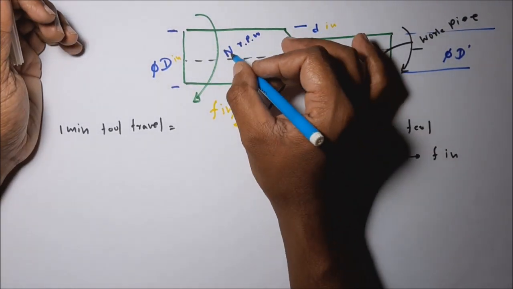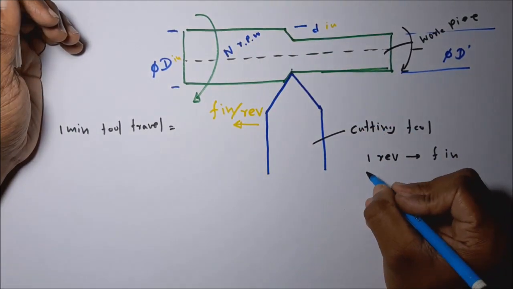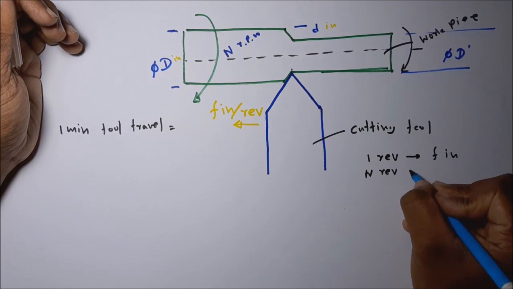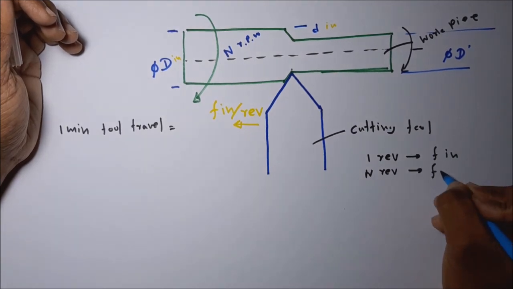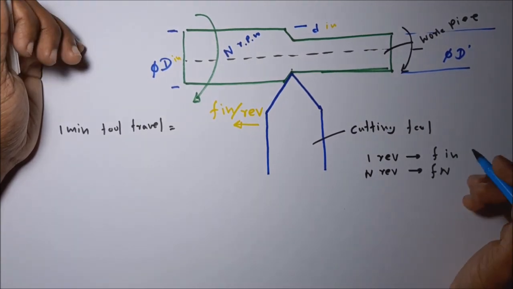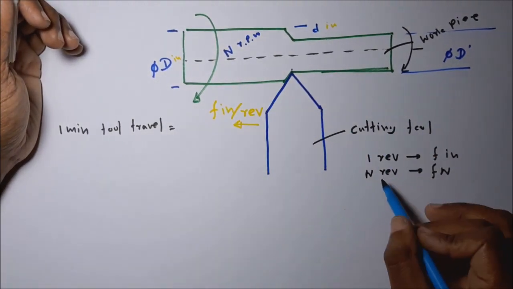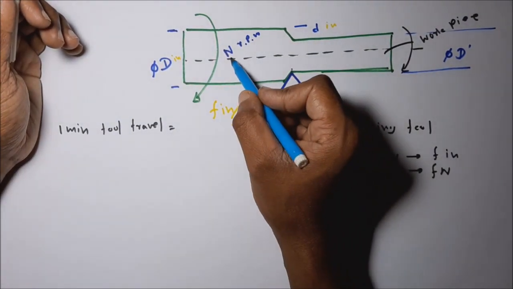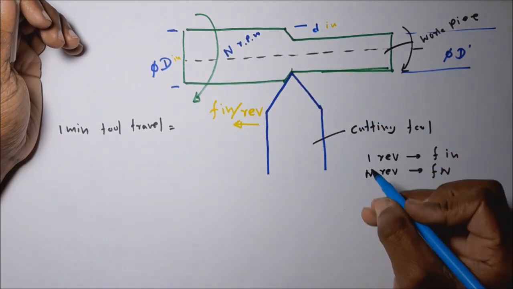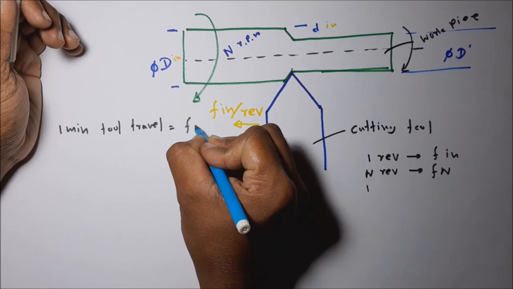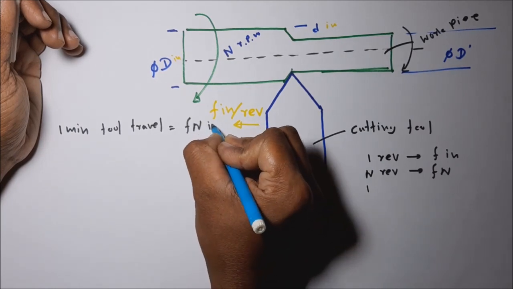So how many revolutions per minute? n. So for n revolutions, what is the tool travel? F into n. So per 1 minute, the number of revolutions is n, so the 1 minute tool travel is equal to F into n inches.